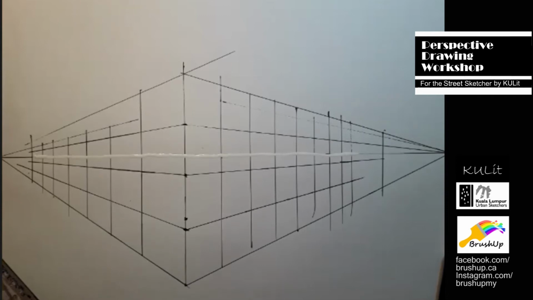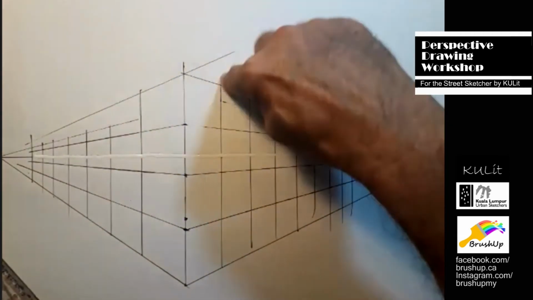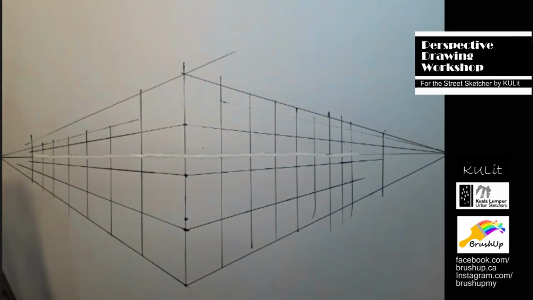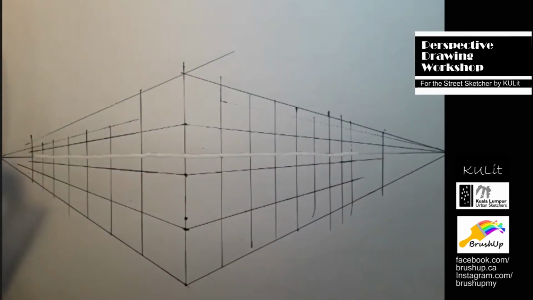So you have a building. This is 2 point. Let me just show you how you can make a building interesting. I think we can afford to make this a bit taller. I've got to wait for the Blanco to dry.